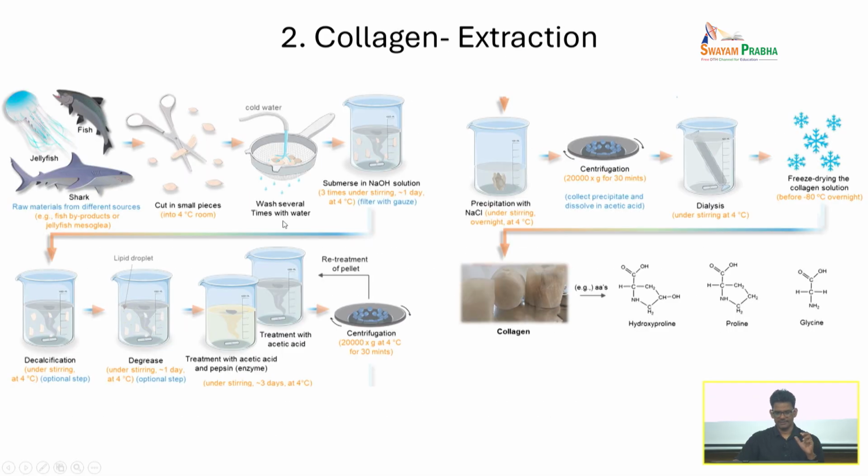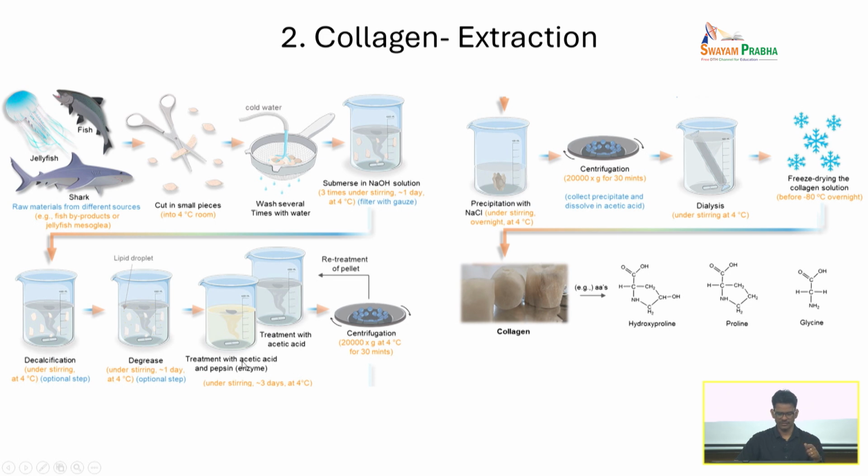So here is a typical extraction process schematically shown. You start with any of these sea animals like fish, shark, or jellyfish. You cut them into small pieces, then first wash and clean everything, and then submerge in sodium hydroxide solution, an alkali solution, over a period of a day, and this leads to decalcification.